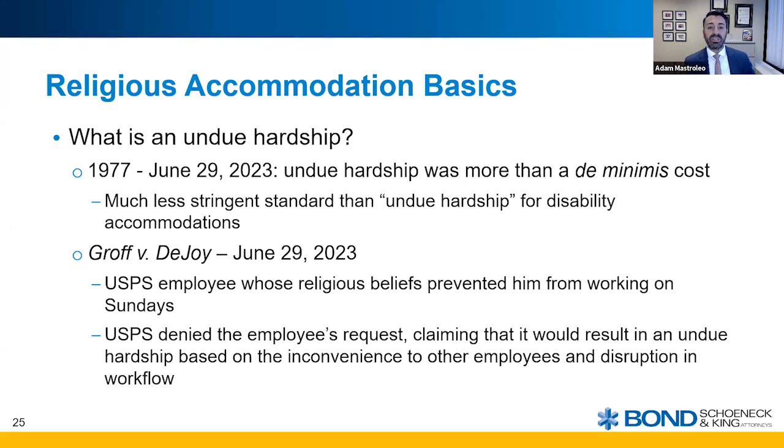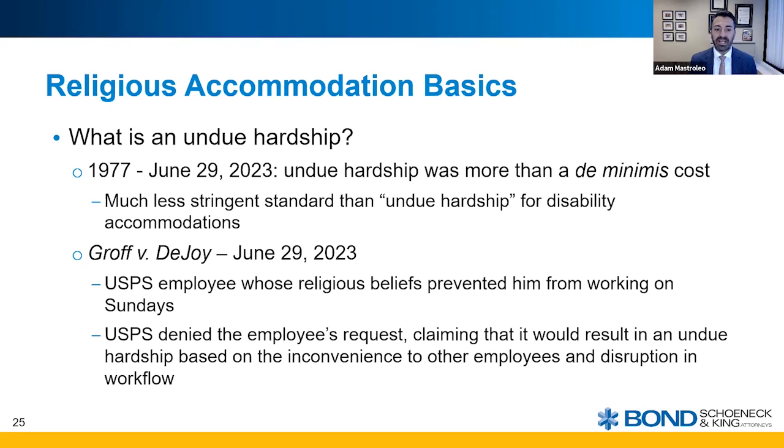So if you remember, we talked about in the disability context, it had to be significantly difficult. The request had to provide significant difficulty or expense. So that's a pretty high bar. For years, for almost 50 years, the bar in religious accommodation cases was much lower. So an employer could establish an undue hardship with much less significant hardship.